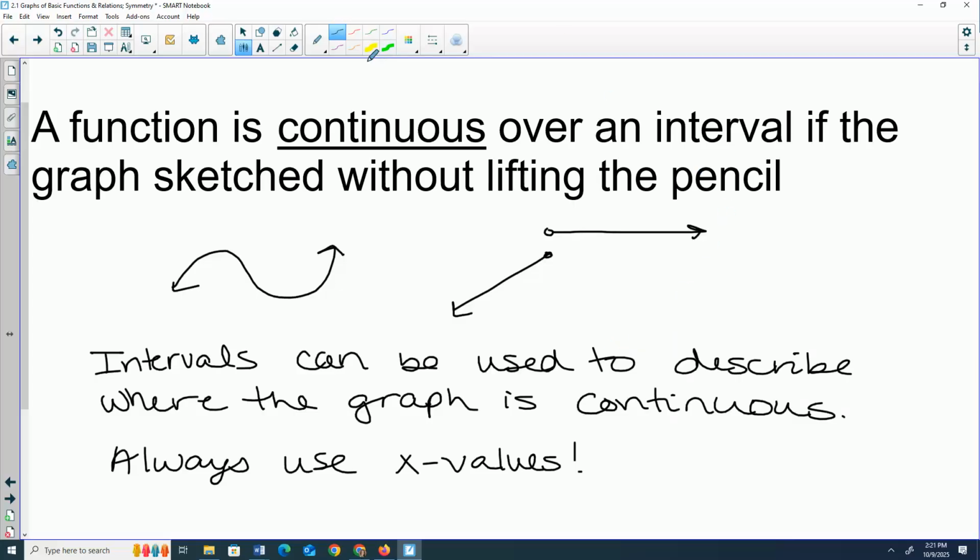The reason being, if it's a function, and I say when x is 1, x is only 1 at one place on your graph. But if I said y is 1, is it possible that your graph was equal to 1, that the y value was 1 multiple times? In some situations, yes. So x never gets repeated in a function. That's why we use that to describe those intervals, because the x would only happen one time.